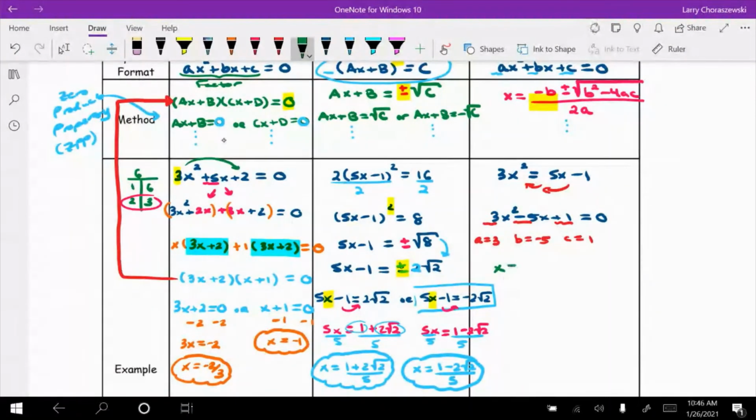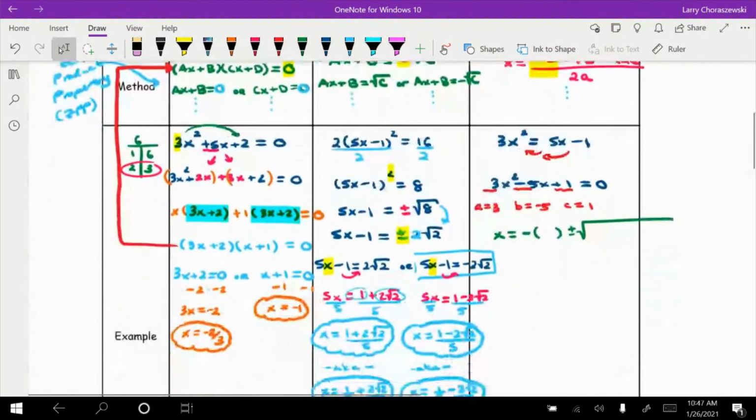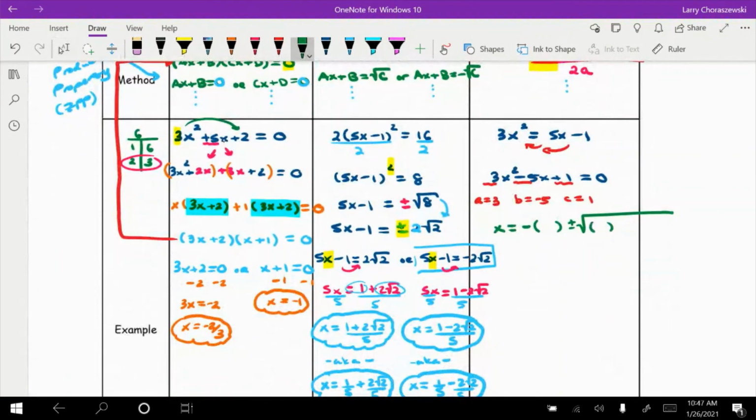And what I do is I set up the quadratic formula with some blank parentheses. So I'm not going to write negative b. Instead, I'm going to write negative parentheses there, and you'll see why in a minute. Plus or minus the square root, parentheses squared, minus 4 times a pair of parentheses.